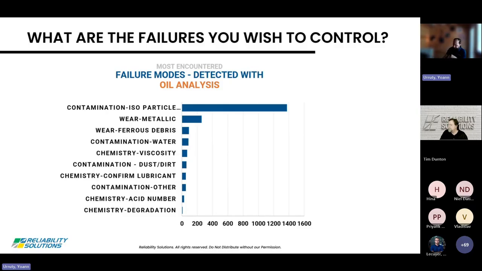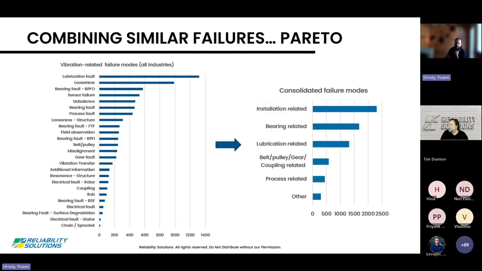Well, okay, and we could look at graphs all day. In the end, one of the things we did is we took all the vibration related failure modes from all industries and we concatenated everything. And when you consolidate everything, you realize that the top failure mode is related to poor installation.